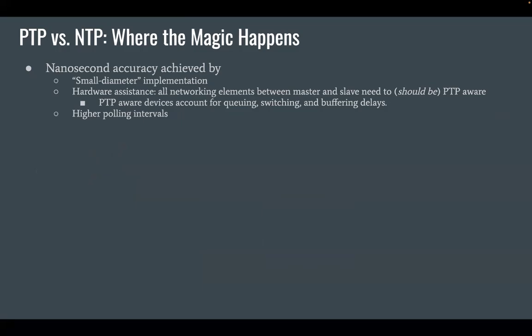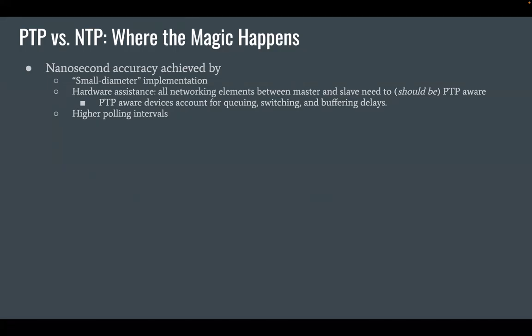With PTP, there are a number of features that allow it to perform better than NTP. The first is that it is generally deployed in much smaller installations. You're not running a continental-scale PTP domain with one or two grandmasters, so it tends to be geographically based, or site or campus based.